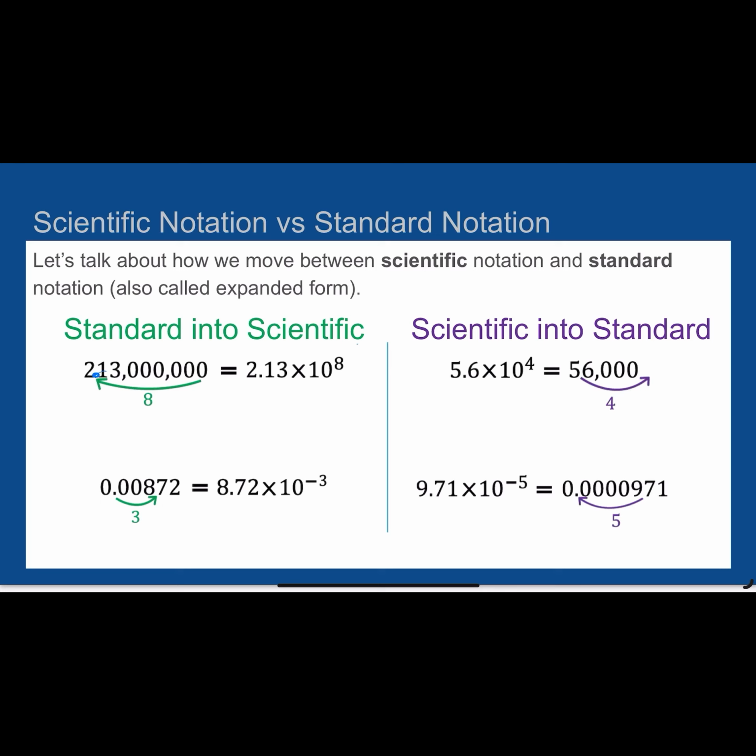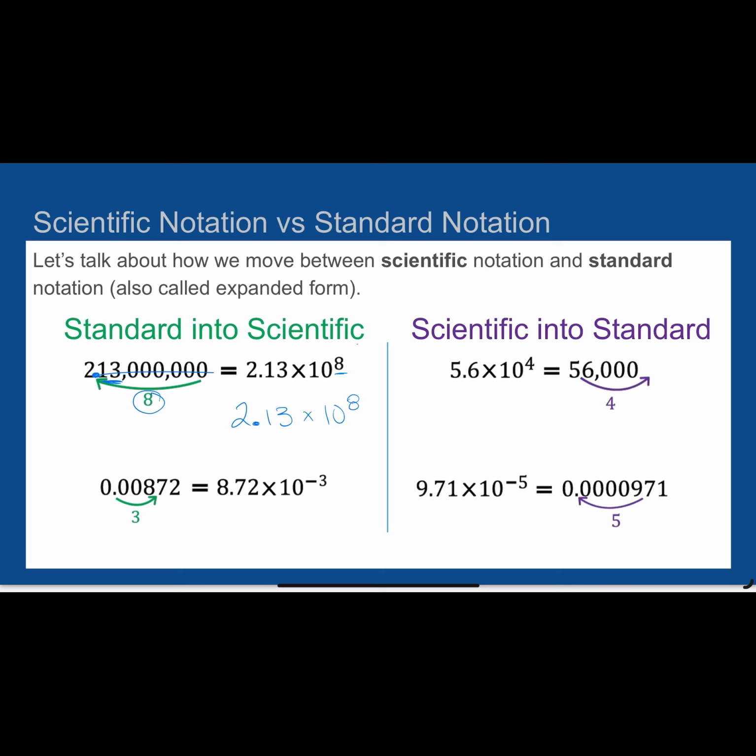We're going to go 1, 2, 3, 4, 5, 6, 7, 8. And that amount of spaces is what gives us our exponent. So we put the first number, the decimal, and any other non-zeros after it. Times 10 is always going to be a part of the problem. And then those spaces that we counted becomes our exponent.